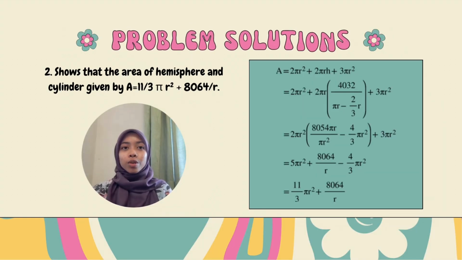The second problem solution shows that the area of the hemisphere and cylinder is given by A equals 11 pi r squared over 3 plus 8064 over r.